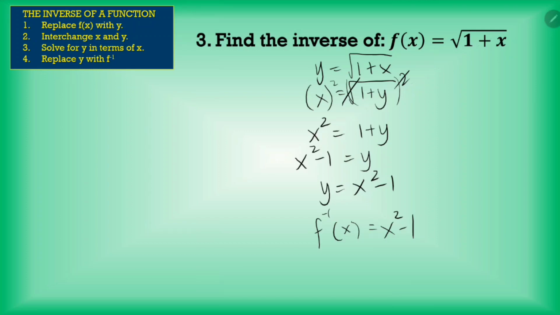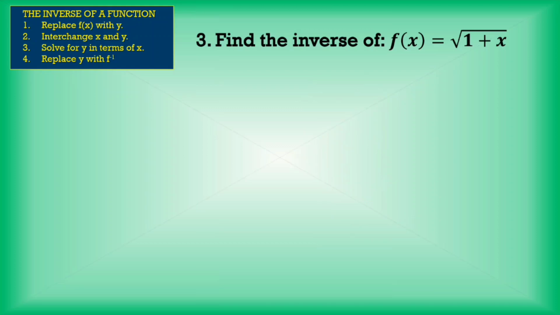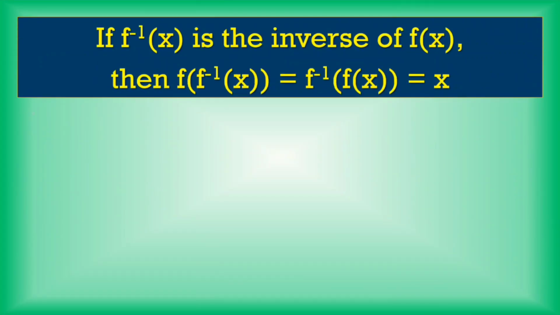Now, let's verify if our given function and the inverse we solved for are equal. Our f of x is equal to square root of 1 plus x and the inverse we solved for is x squared minus 1. First, we will use the inverse function and put it in the value of x of the given function.